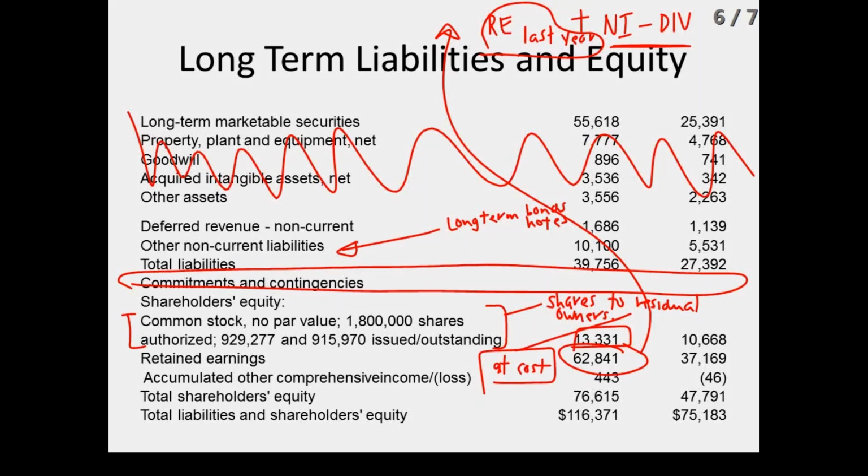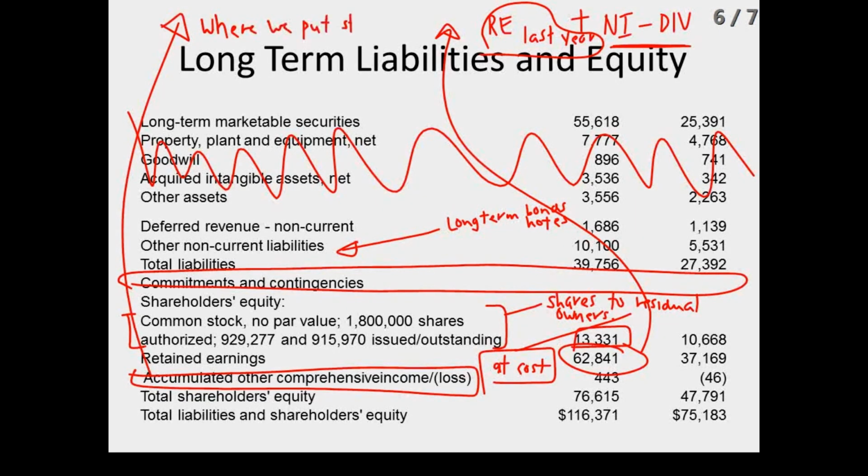Okay, other things that you really don't need to worry about right now, but you'll see every now and again, would be other comprehensive income. Okay, and this is an account, and it's going to sound very judgmental, but this is where we put stuff that no one agrees on or that we don't know what to do with.